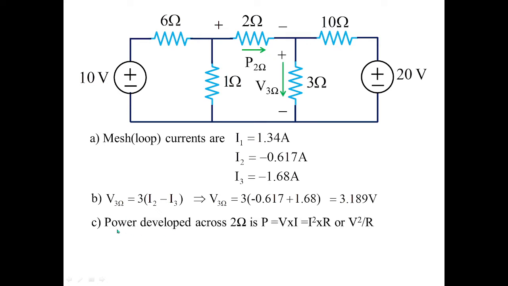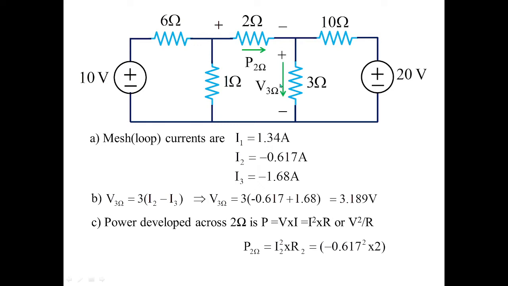Similarly, we have to estimate the power developed across 2 ohms. The formulas which are useful for power are V into I, or I square R, or V square by R. So we can employ any of these formulas. Let us take I square R, which can be termed as I2 square into R2, the value of resistance 2 ohms.